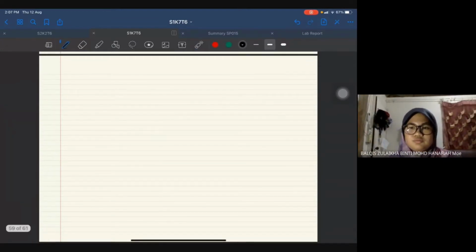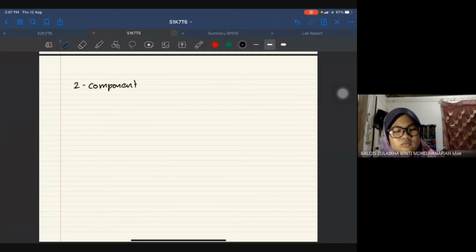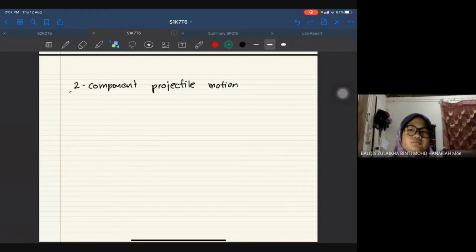So for x and y component motion, the easiest and most common example would be, let's say you have an archer. Let's say the archer points their arrow in this direction.